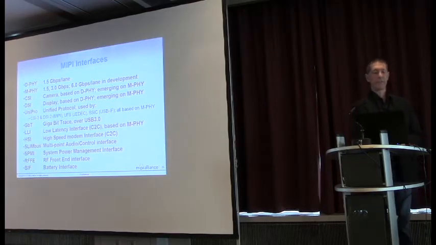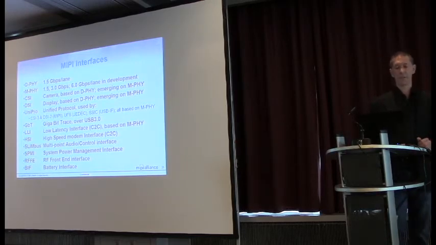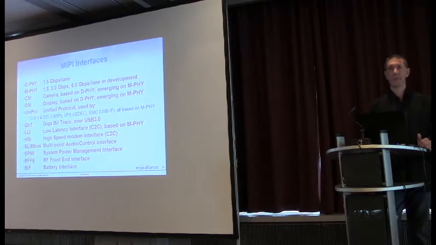So in terms of these interfaces, this is largely a repeat of what Joel introduced us to. This shows a little bit more detail. You can see that D-PHY over the last 18 months or so, we've increased to 1.5 gigabit per second per lane. M-PHY's roadmap is currently at Gear 2, which is 3 gigabit per second, and I'll show on the roadmap that there are plans to increase that.